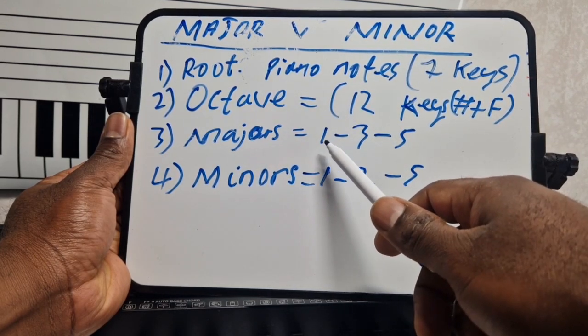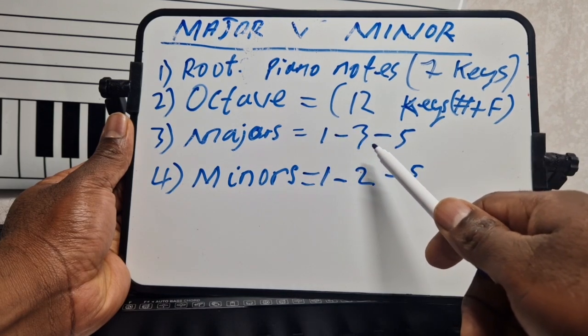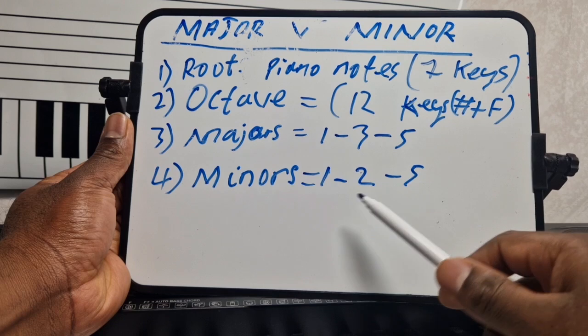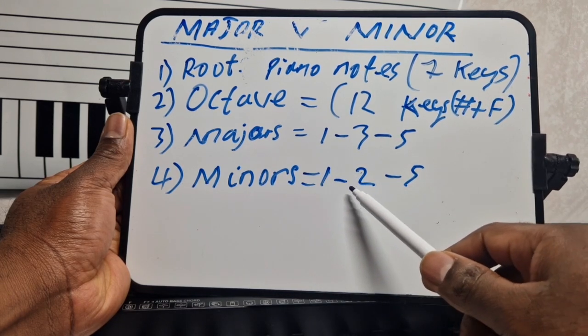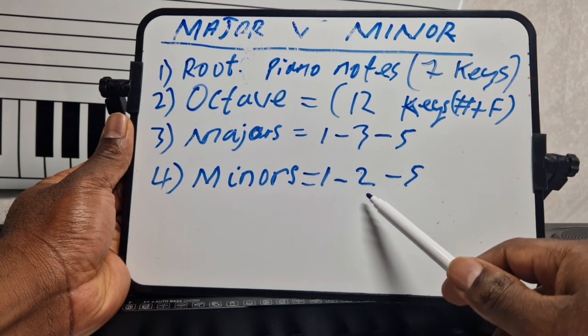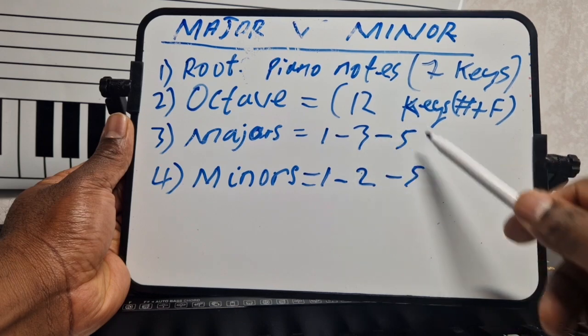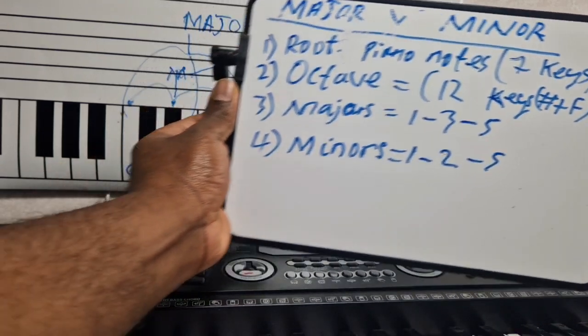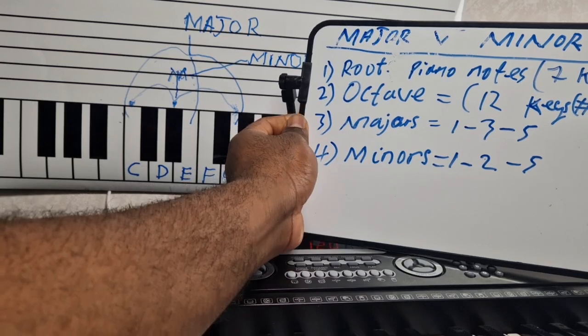For major, you play the root note, you skip 3 keys and play the next note, and then you skip 2 keys, you play 5. For minors, you skip 2 and play the next note, and then you skip 3, then you play the note. So that is the formula for major and minor.